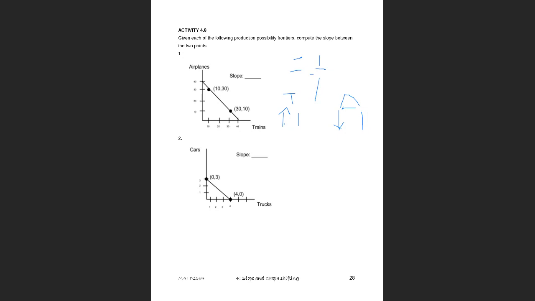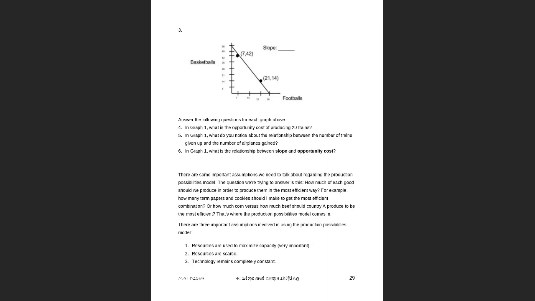So that means that the opportunity cost of producing 20 trains will be 20 airplanes. Does it make sense? Okay, let's go on.